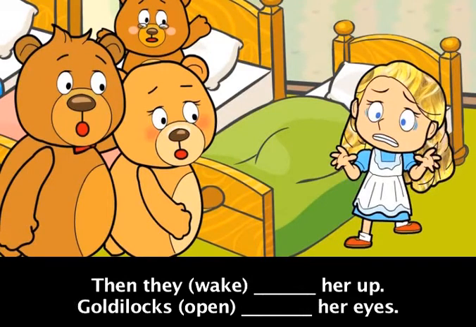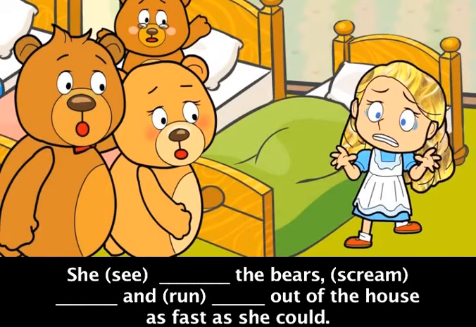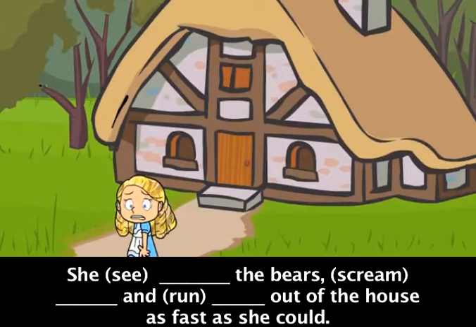Goldilocks dash her eyes, the word is open. She dash the bears, the word is see. Dash and dash, the two words are scream and run. Out of the house as fast as she could. So that was a long story with a lot of fill in the blanks.